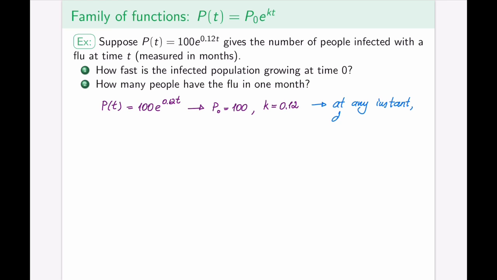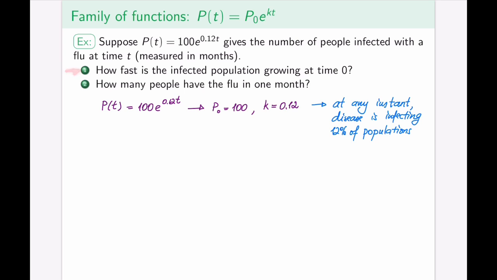At any instant, the disease is infecting 12% of the population. So the moment the population changes, the percentage of it that is being infected changes with it. It's not a fixed number. It doesn't mean that there are 12 people infected, for example, every single month. It means that whatever the population is, it's going to be 12% of that number.